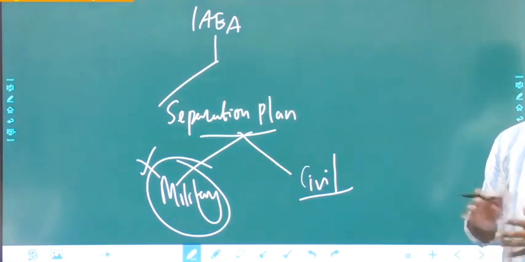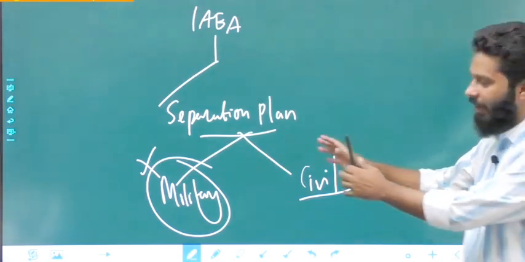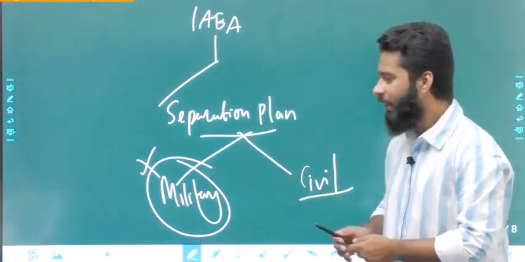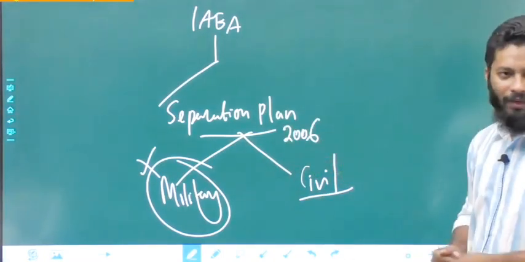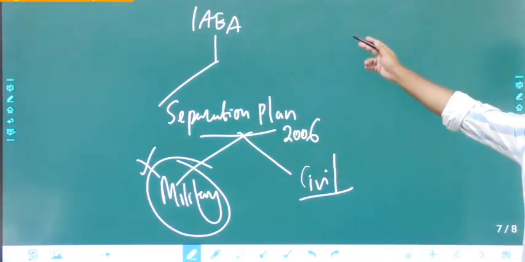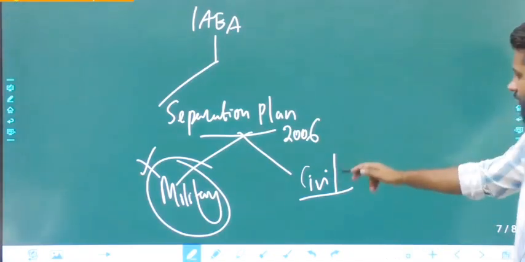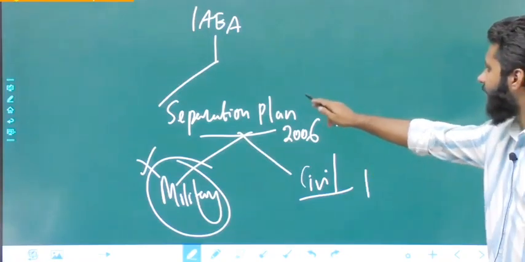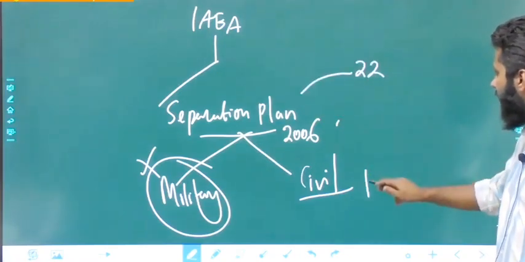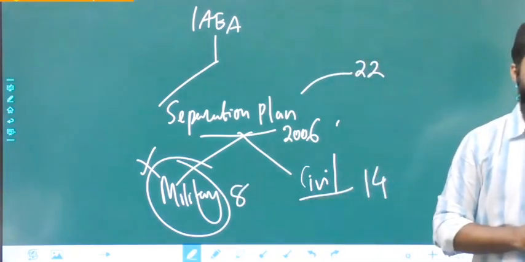So this is clear, what the safeguard agreement is. Separation plan, we came to know this is the separation plan at the time of 2006 when these things were happening, because the nuclear cooperation agreement, the Indo-US deal, was announced in 2005. So in 2006 there were 22 reactors, and 14 were civil and 8 were in the military category.